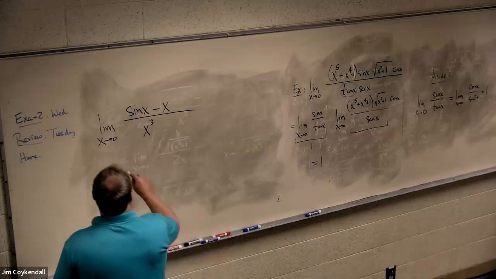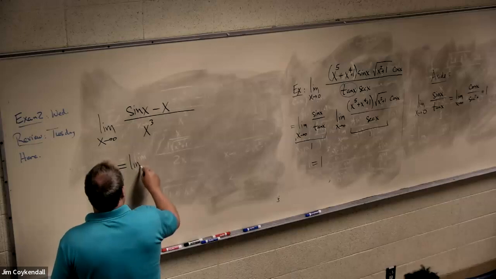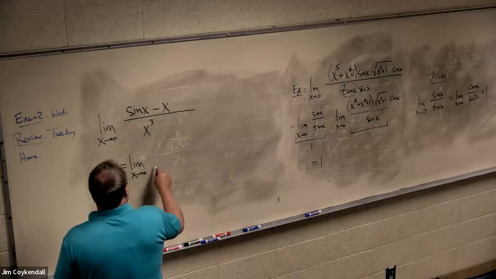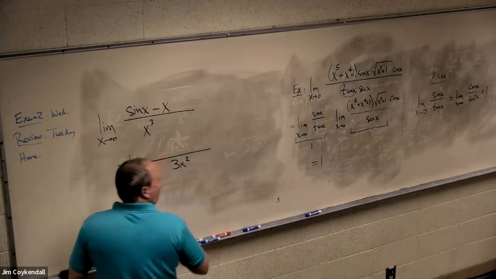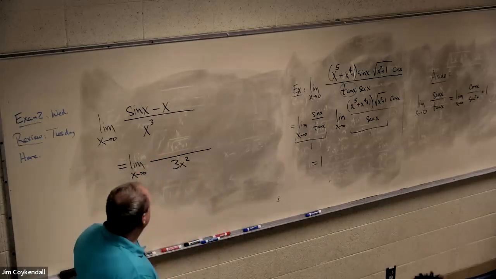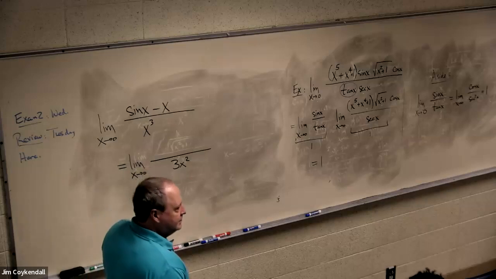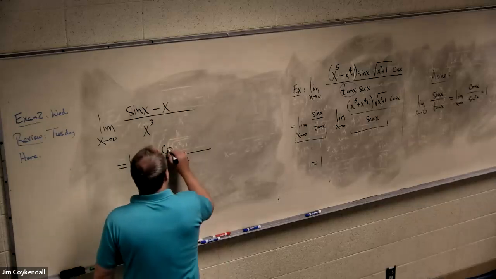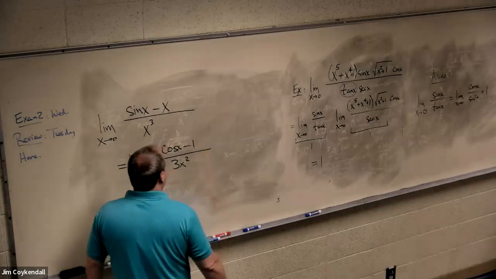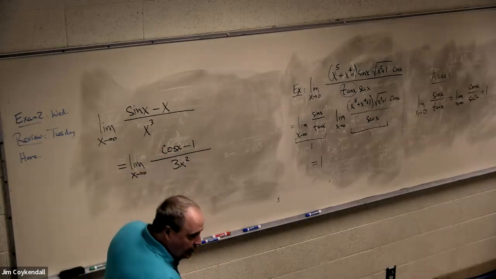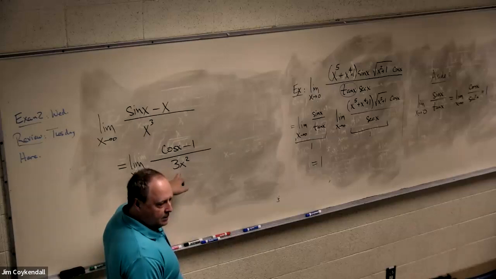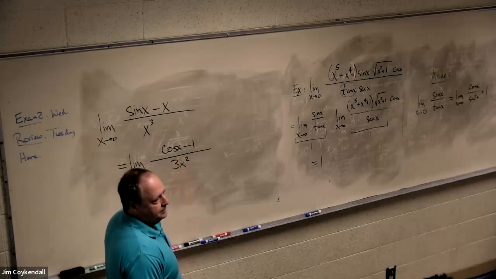So let's just go ahead. What's the derivative of x squared? Cosine x minus 1. So there's my first iteration of the algorithm. So I try to plug in again. 0 on the bottom, 0 on the top.